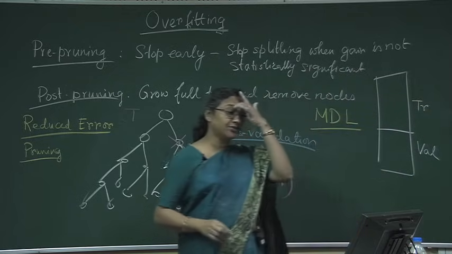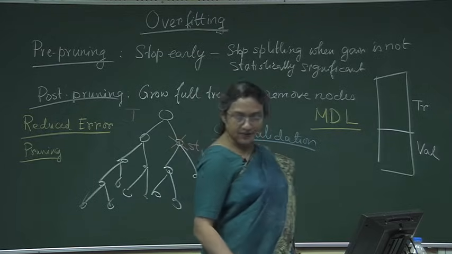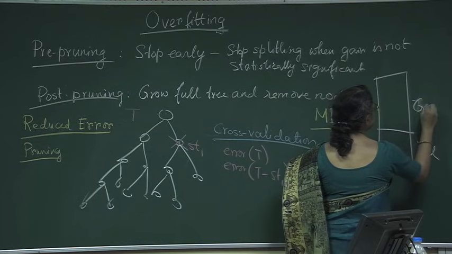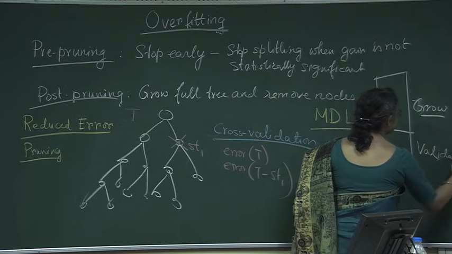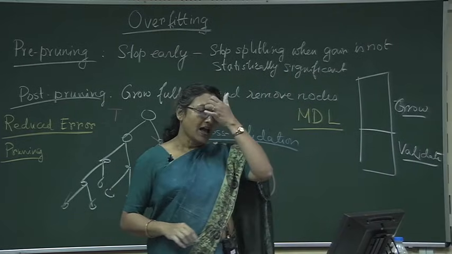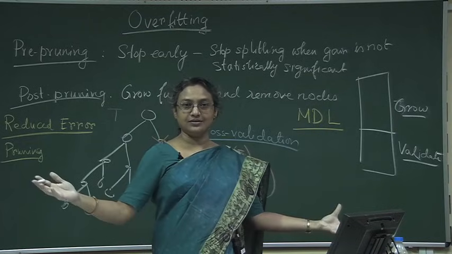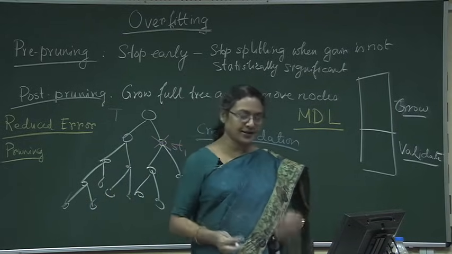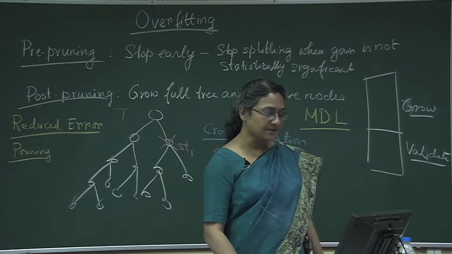We call the training part a grow set. This part of the training set is used to grow the tree, and this part is used to validate the tree. Now, using the grow data, we will build a complete tree, which ideally has 0 error on the training data if possible, otherwise we grow the tree as much as possible.